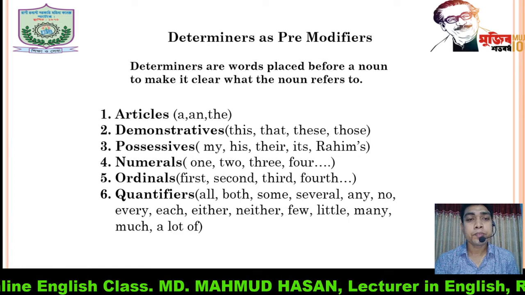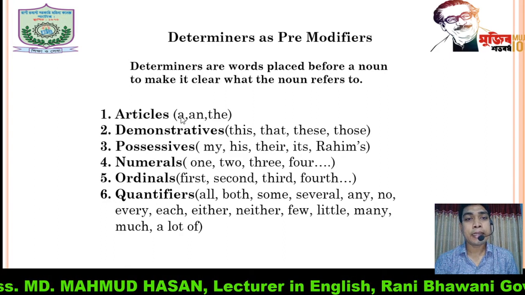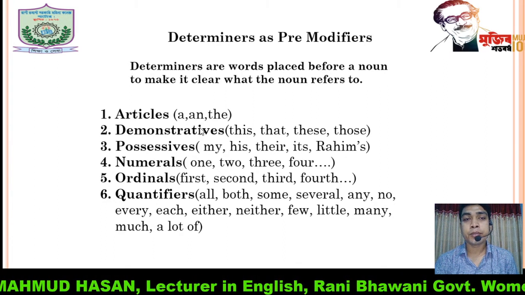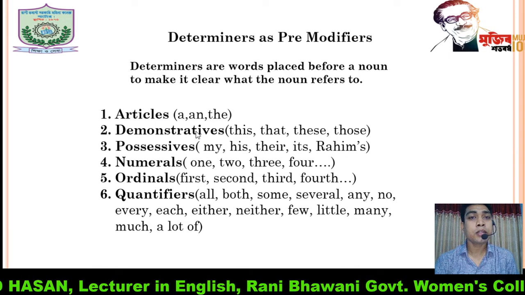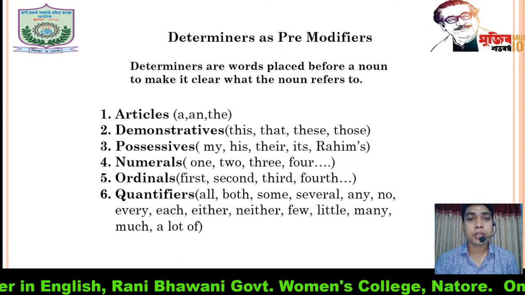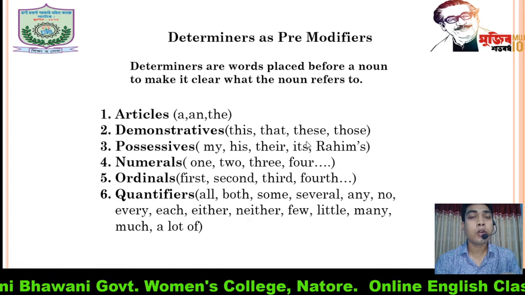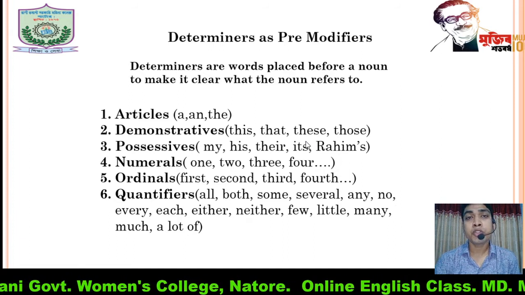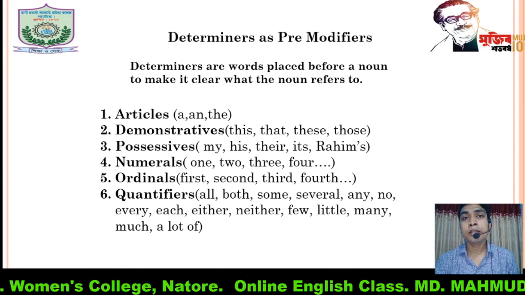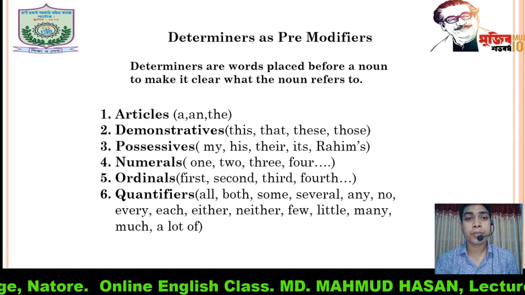You know, in your previous classes, articles a, an and the. Articles are determiners. Demonstratives: this, that, these, those, all these are demonstratives and they are also determiners.